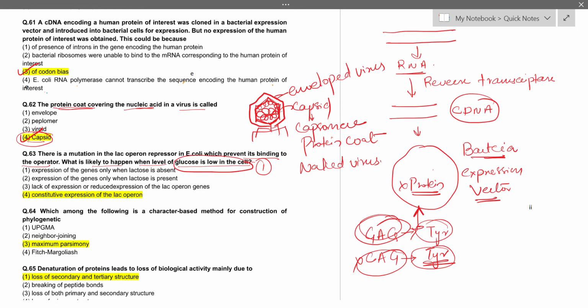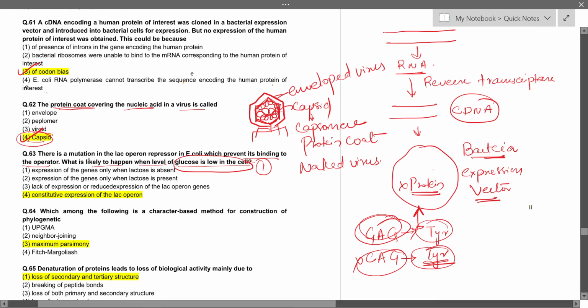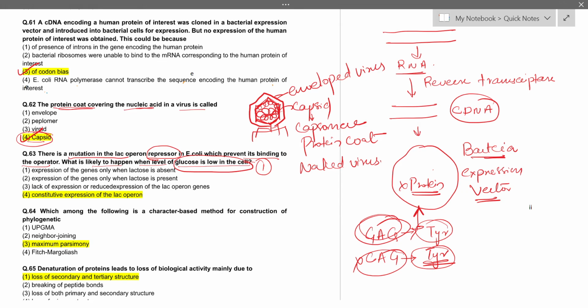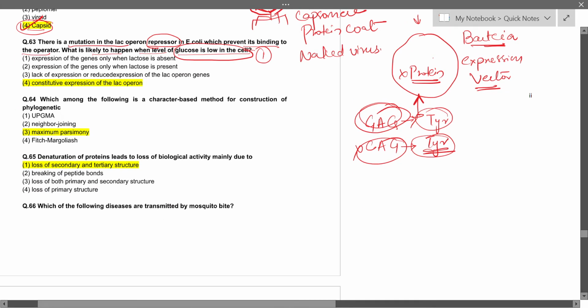Okay, so now there is a mutation in the operon repressor. Let's do this. I'll be just doing it here. Suppose this is an operon. There is no glucose, so we want glucose.